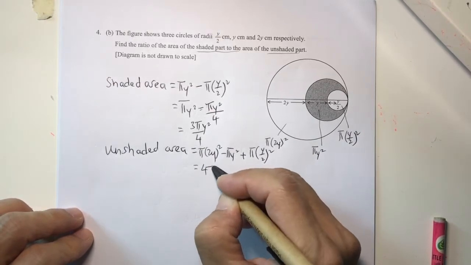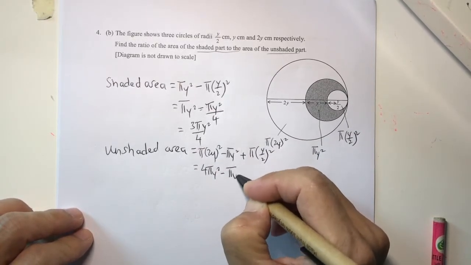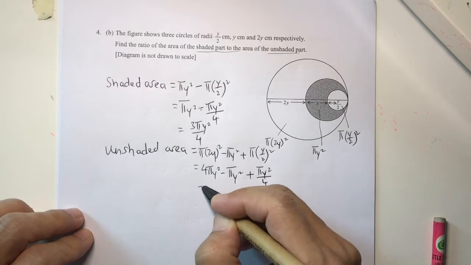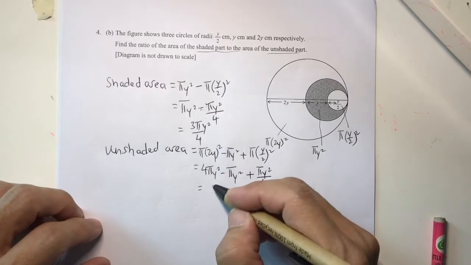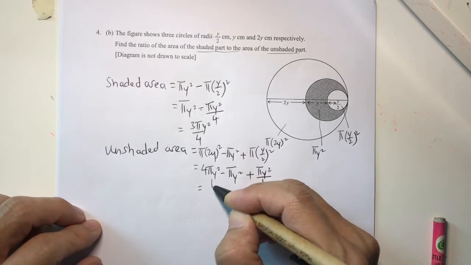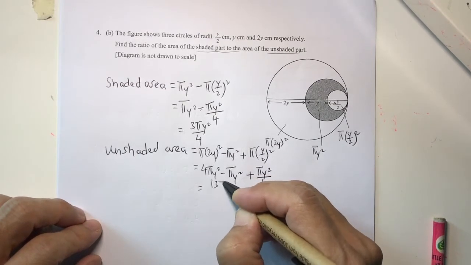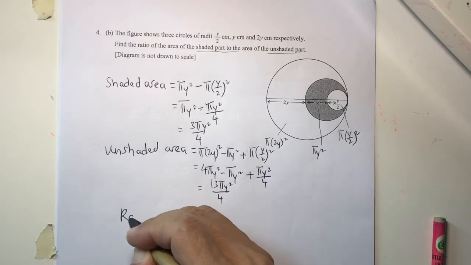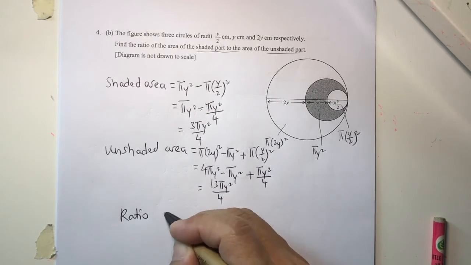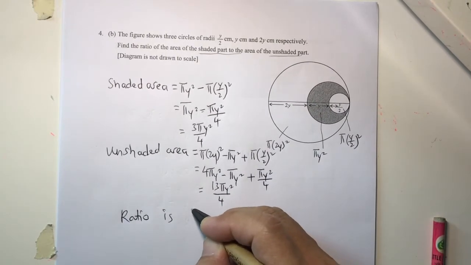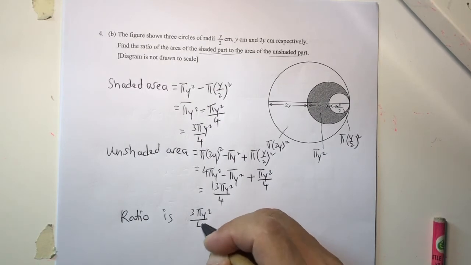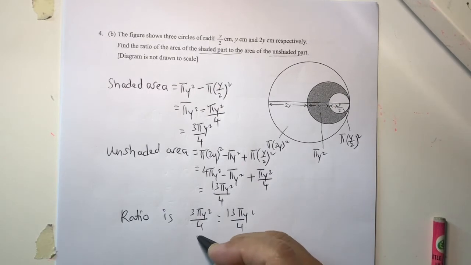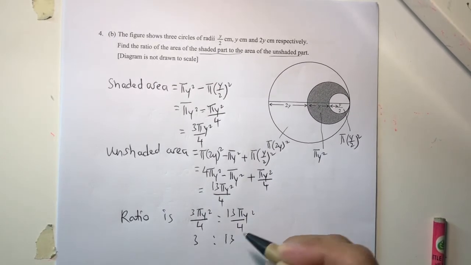So that gives us 4 pi y square minus pi y square plus pi y square over 4. And that is 3 1/4, which is 13 pi y square over 4. Now we need to find the ratio, and the ratio is 3 pi y square over 4 is to 13 pi y square over 4. That works out to be 3:13.